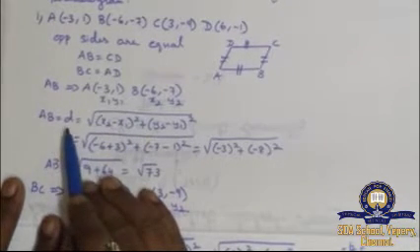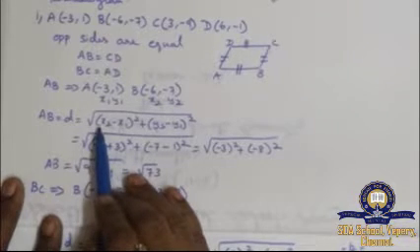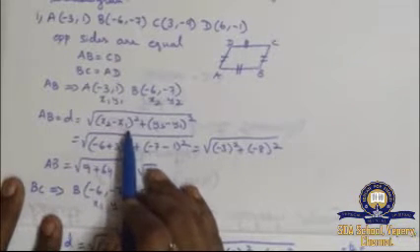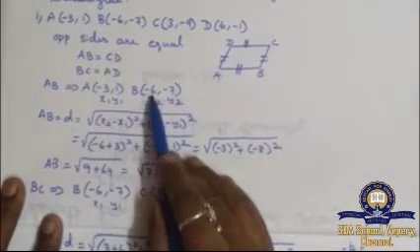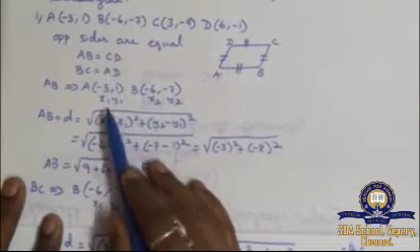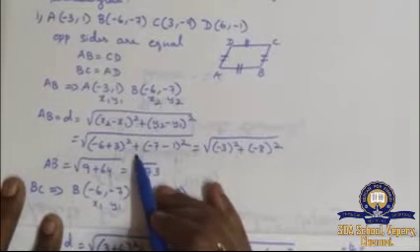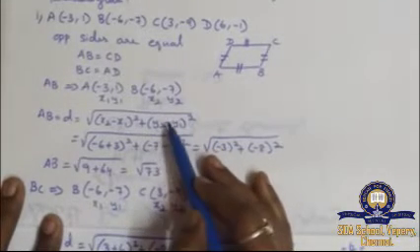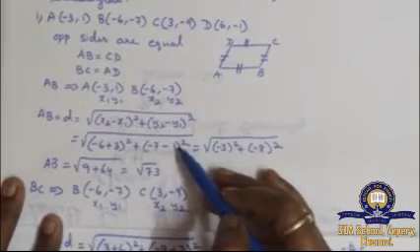AB is equal to the distance formula, so d is equal to root of (x2 minus x1) the whole square plus (y2 minus y1) the whole square. Instead of x2, I have written minus 6, then minus symbol, x1 minus 3. So minus, again, means I have written plus 3 the whole square, plus y2 is minus 7, minus y1 is 1. So I have written minus 1 the whole square.